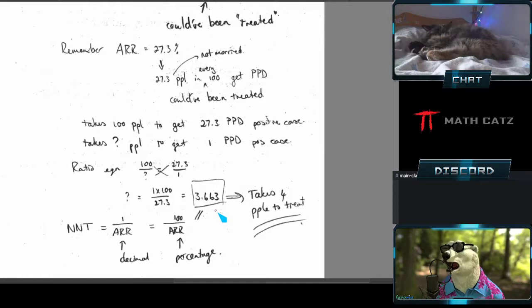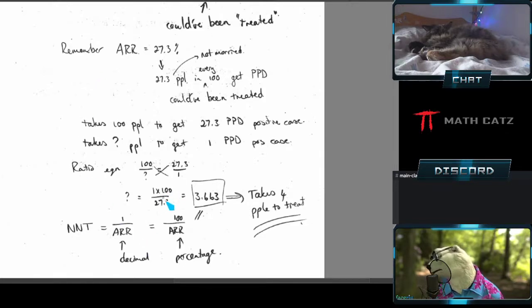So of course I want to round up because I need to take a whole person. So it takes 4 people selected randomly from the not married group, and I will have a person that has, statistically speaking, postpartum depression, but it could have been avoided. So that's a whole thing just to justify where this calculation comes from.